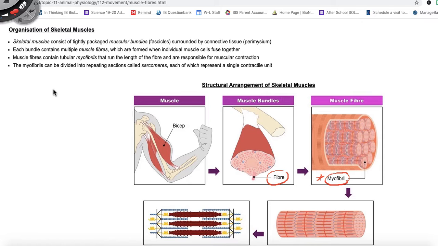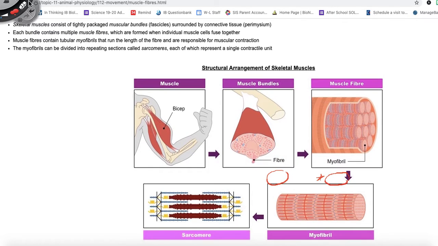All right, if we move further down here and we look at the structure of the myofibril in a little bit more detail, we see that the myofibril is divided into these units. Okay? And these units repeat along the whole length of the myofibril. So these units that repeat are called sarcomeres.